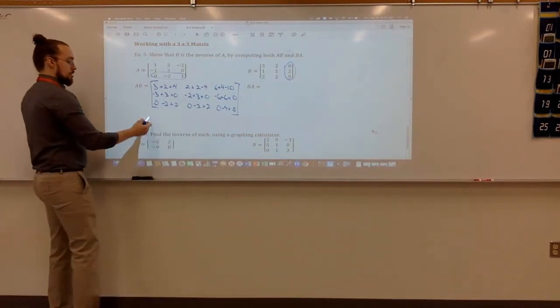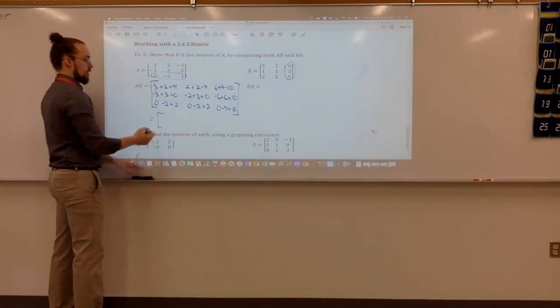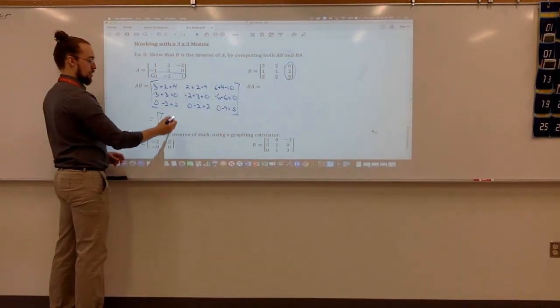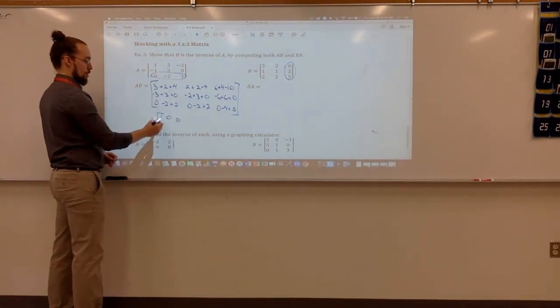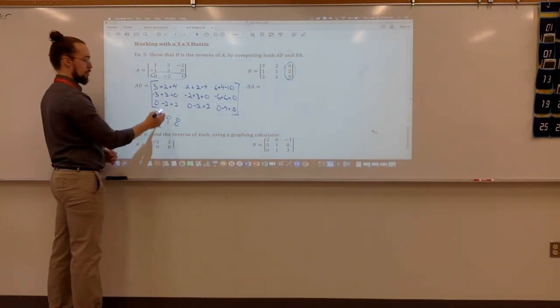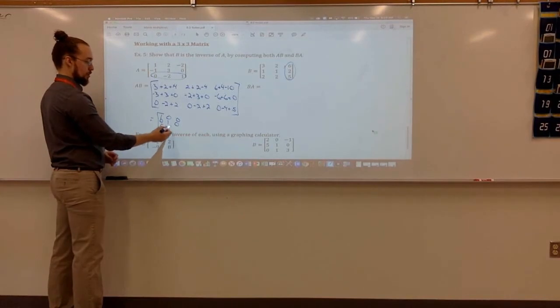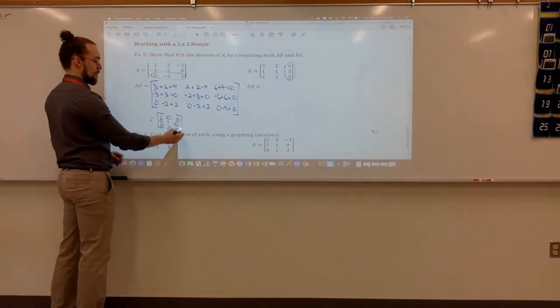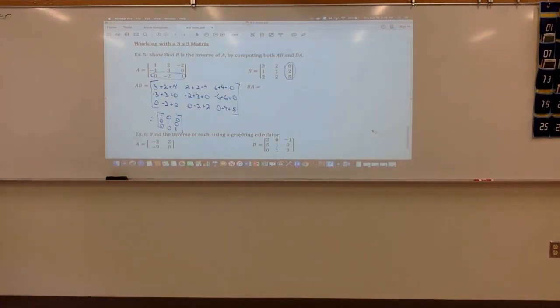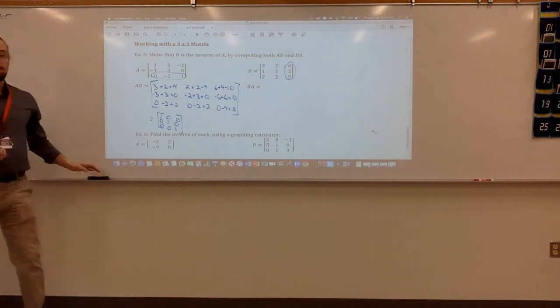So all of this ends up getting me 1, 0, 0, 0, 1, 0, 0, 0, 1. So multiplying A times B, we get the identity matrix.